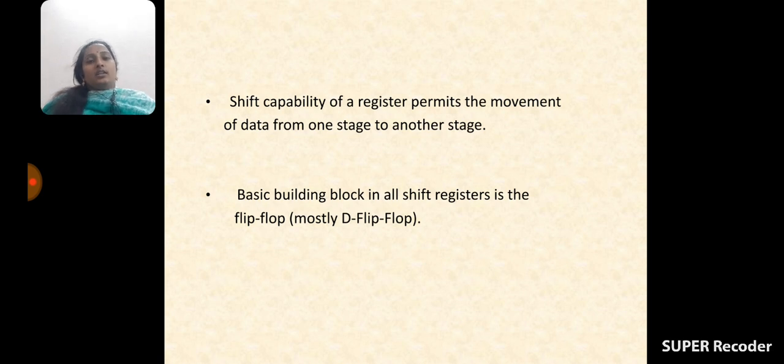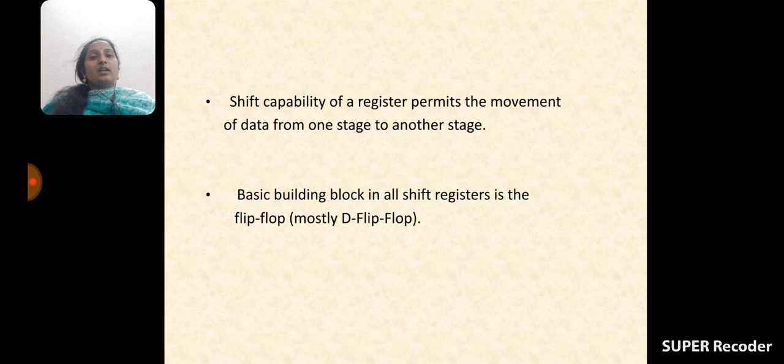So here the main building blocks of shift registers are D flip-flops. Why are D flip-flops preferred? Because the D flip-flop does not perform any operation on the inputs. Whatever input we apply is simply passed to the output. The shift register function is also the same.